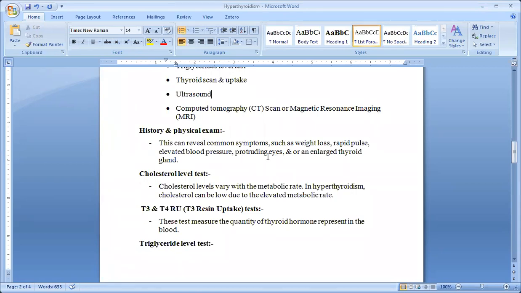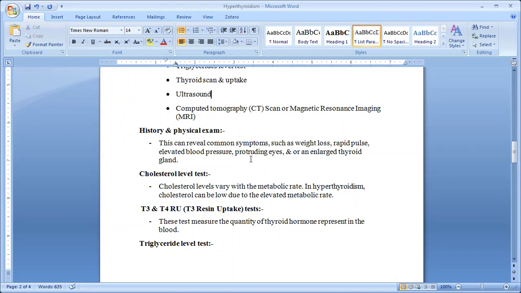The eyeballs will come out like that. Or the enlarged thyroid gland, which we can see in the front of the neck region. These are all about the history and physical examination.